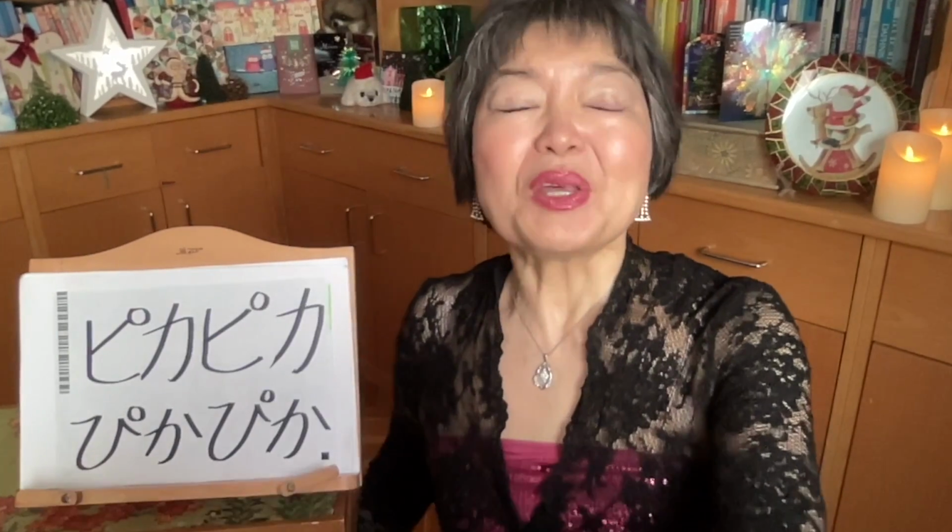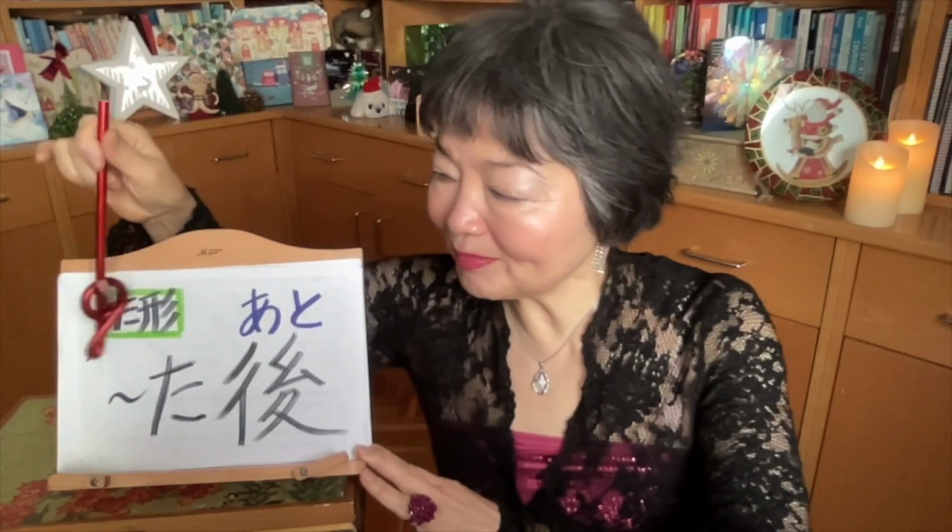After cleaning, the room became so clean, super shiny clean. 掃除した後、部屋がピカピカになりました。After something, た後, the verb in た form and た後 or た後で、た後に。All of these things I explained in my grammar video number 93.